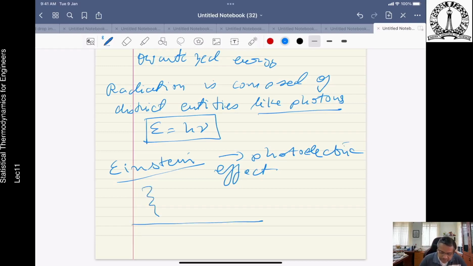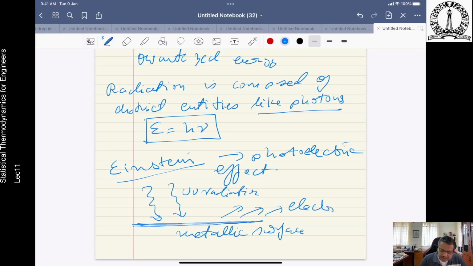So if you have UV radiation bombarded on a metallic surface, electrons are ejected.